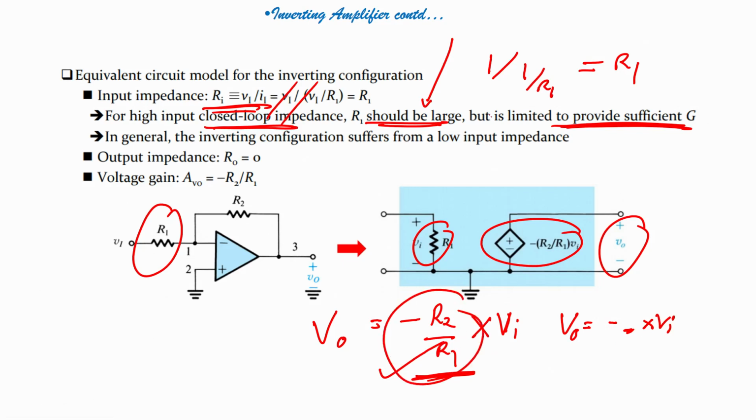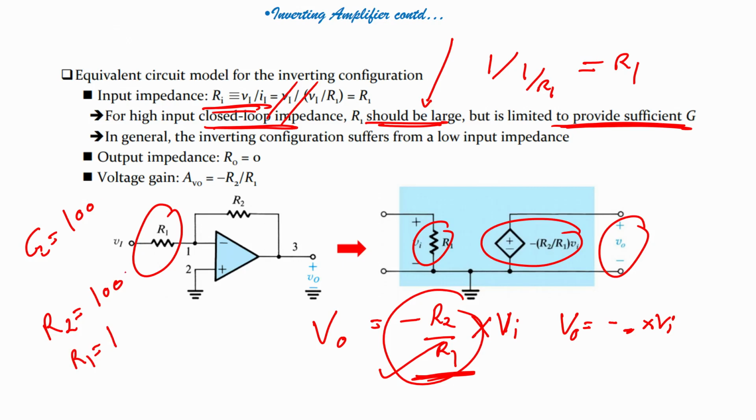So, what is written? It is limited to provide sufficient gain. We have to use a very high value of R1, but we also have to understand what the gain of our amplifier is. For example, if I want the gain of the amplifier to be 100, then I can have R2 which is 100, but R1 I cannot have 100, I can only have 1.